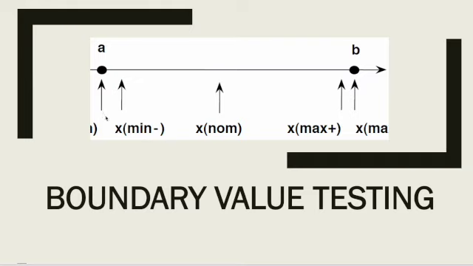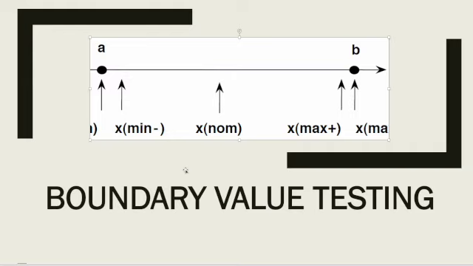So the minimum and the value just close to the minimum, the nominal, then the maximum and the value close to the maximum, they are all what? Valid. But values outside of the maximum and values outside of the minimum, that is from this point to this side, from this point to this side, are what? Invalid. So that's how it looks if you are to draw it on a number line.